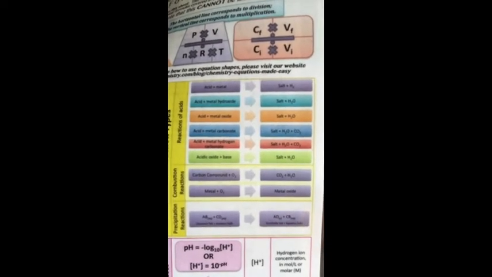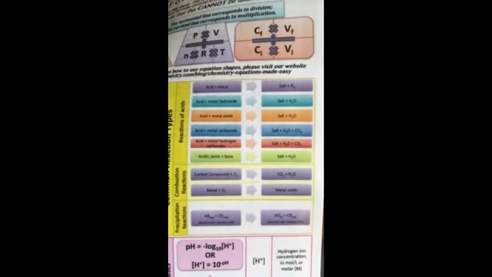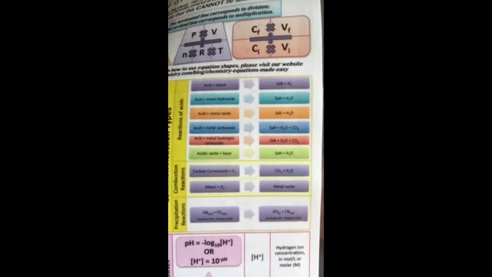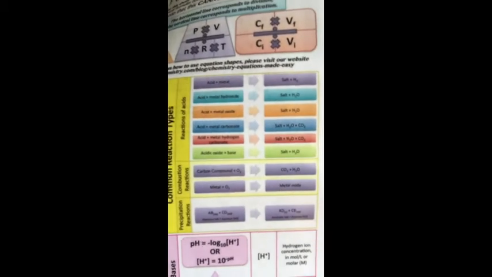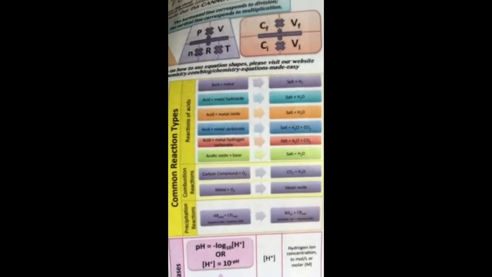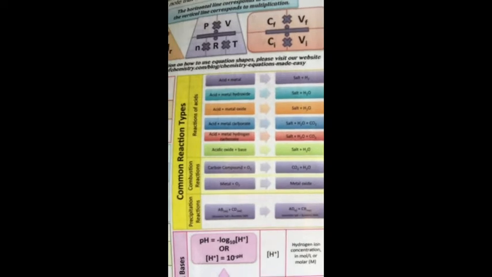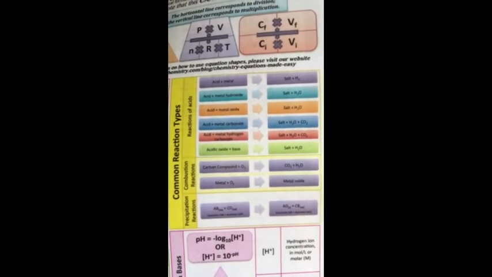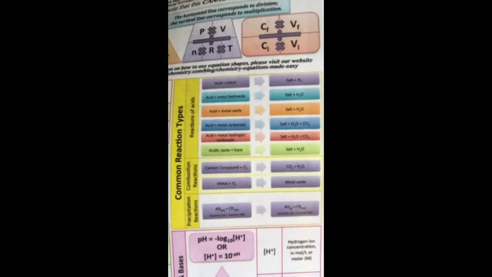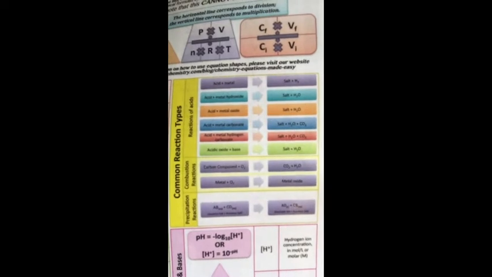Same deal applies: your salt has to be aqueous, your water is going to be a liquid, obviously, and your carbon dioxide a gas. So when you do these reactions, I'm about to do this live for another project I'm doing, you mix vinegar and sodium bicarbonate, you get a whole lot of fizzing, and that fizzing is your carbon dioxide. So that one obviously is going to be a gas.